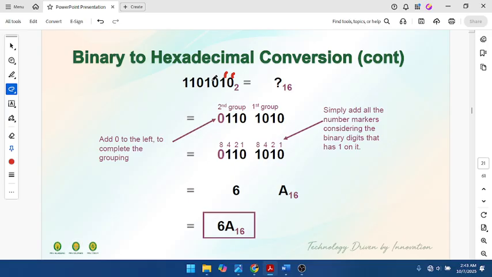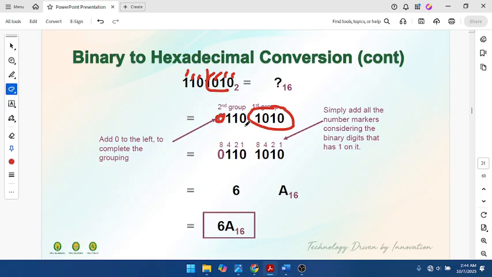So, now let's try to group this. 1, 2, 3, 4. So, this is the one group. And 1, 2, 3. So, the one group here, put it here, no? For the other group, since there are only 3 digits, to complete it, just add 0. For example, 0, 1, 1, 0.